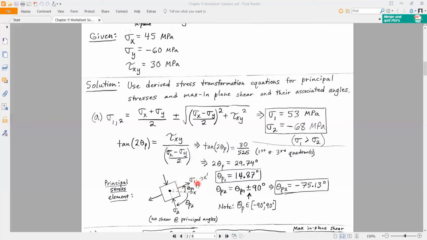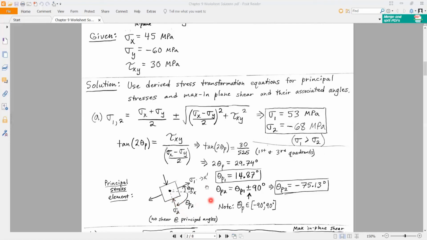And you can just label it with sigma 1, or you could write 53 megapascals there. And then the angle from the x-axis to sigma 2, it's theta P2, and sigma 2 is compressive, so draw the arrow toward the element and label it sigma 2. Or you can label it as a positive 68 megapascals with the proper direction of the arrow.